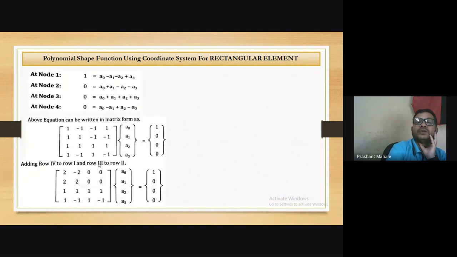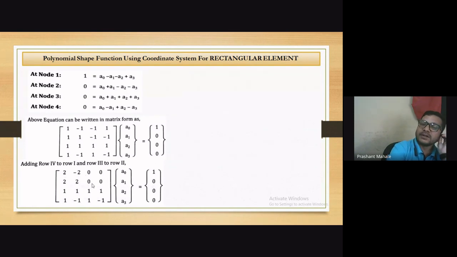Similarly, row 3 to row 2. This is row 3 and this is row 2. So 1 plus 1, 2, 1 plus 1, 2, 1 minus 1, 0, 1 minus 1, 0. So here you are receiving 4 zeros, and 2, 2, 2, minus 2.